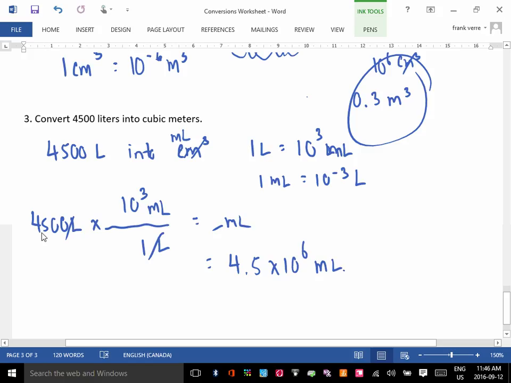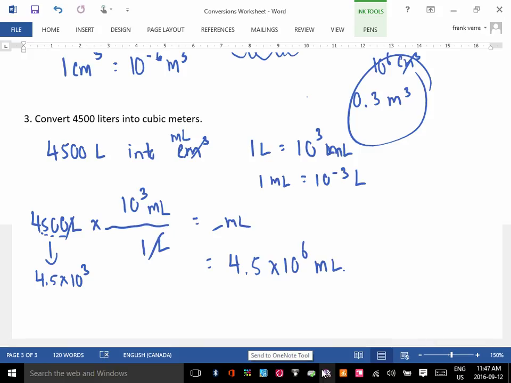Now, remember, 4,500 is the same as 4.5 times 10 to the what? 10 to the 3, because after the 4.5, there's 1, 2, 3 decimal places, so 4.5 times 10 to the 3, and then times 10 to the 3 is 10 to the 6.